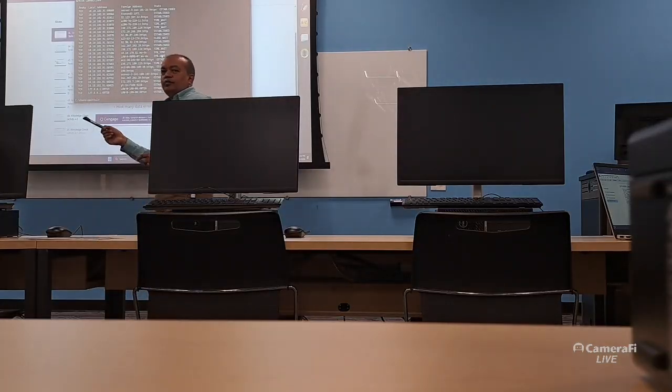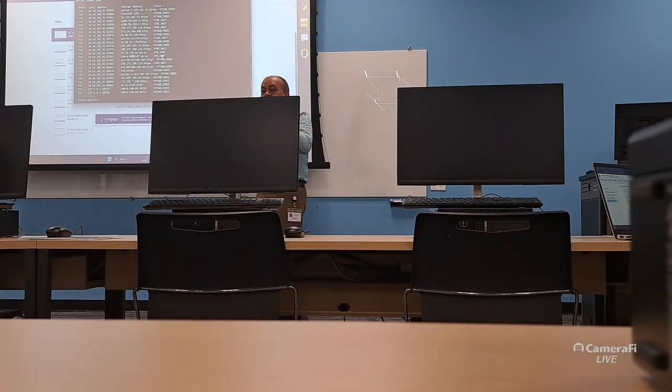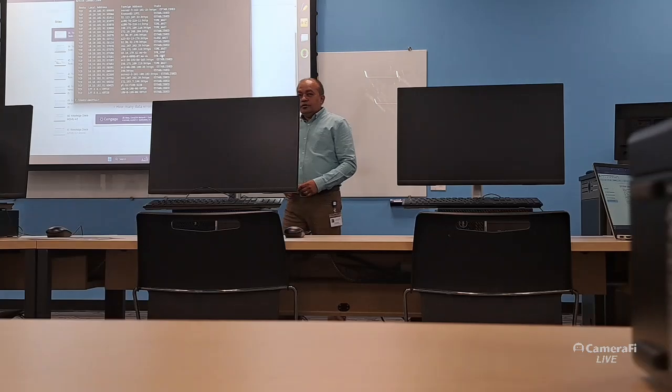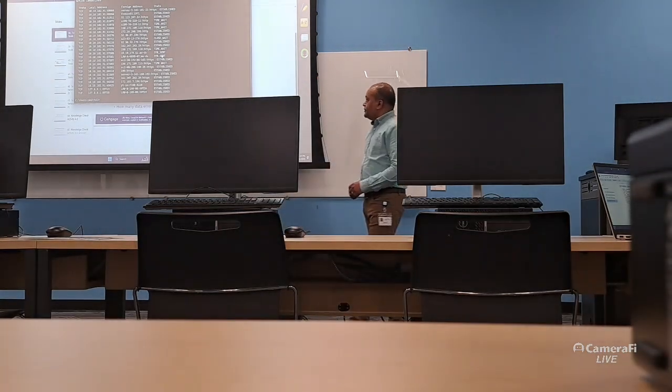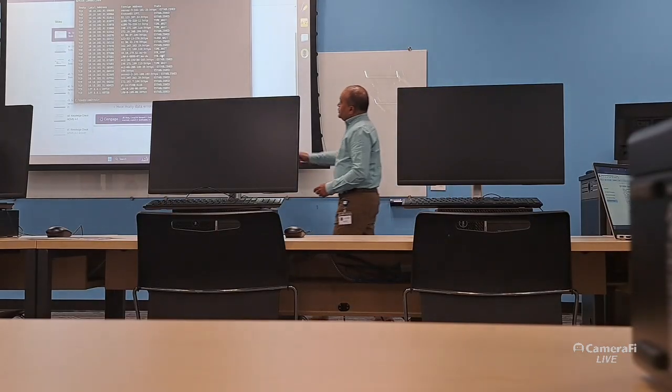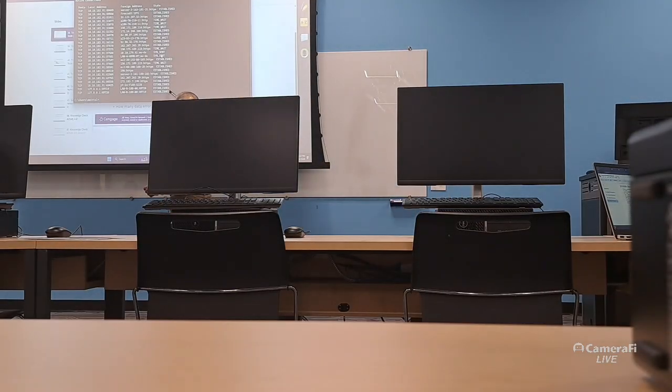This is a connection which is trying to hack into my network, or which has hacked already into my network, and I can try to disconnect that connection.